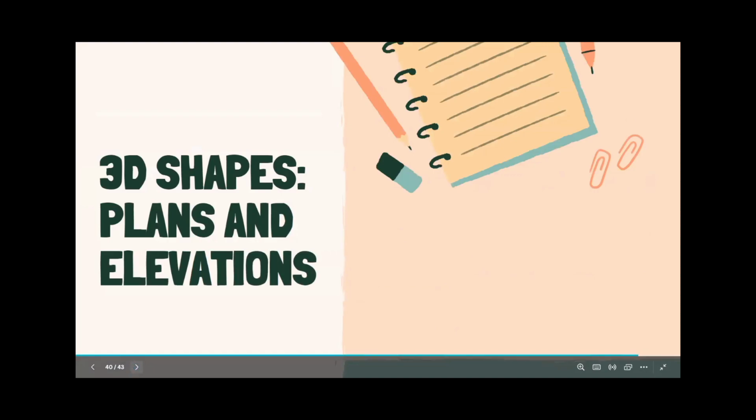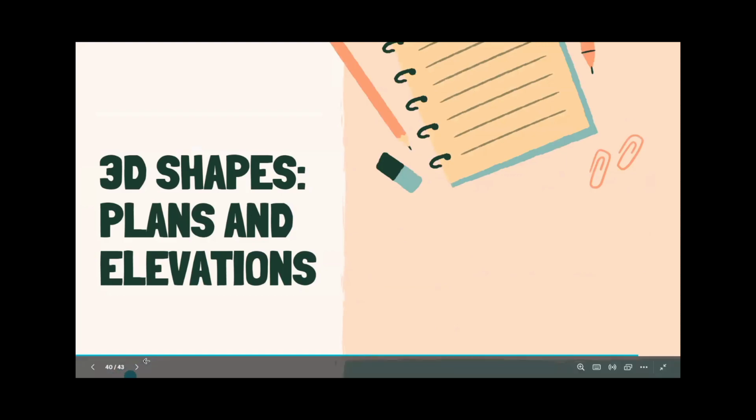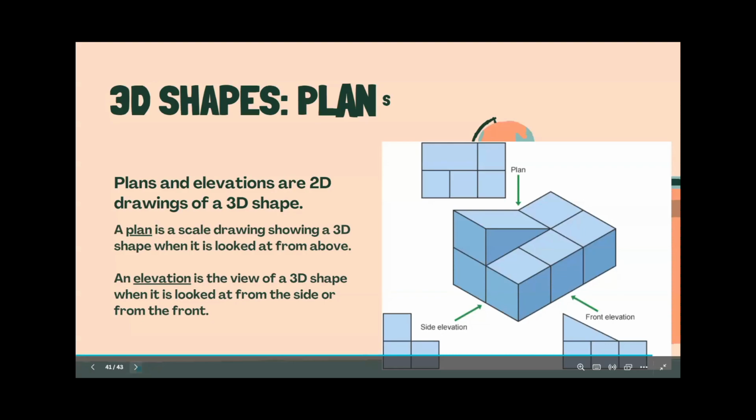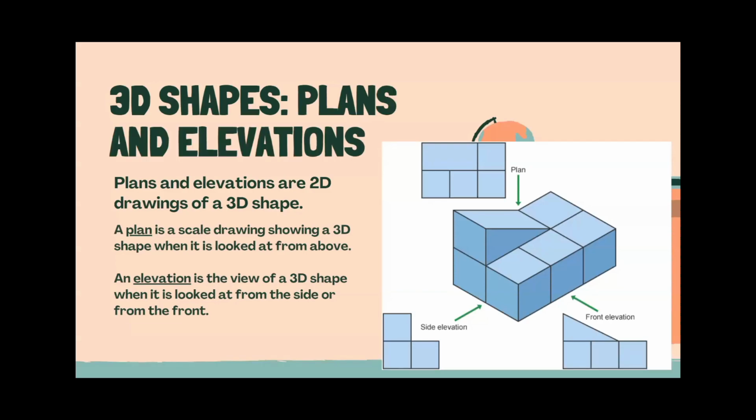Last but not least, we're going to talk about 3D shapes, plans and elevations. Plans and elevations are 2D drawings of a 3D shape. A plan is a scale drawing showing a 3D shape when it is looked at from above.